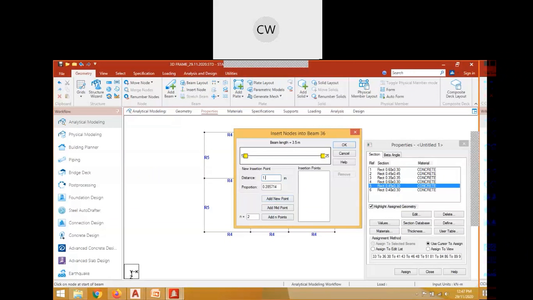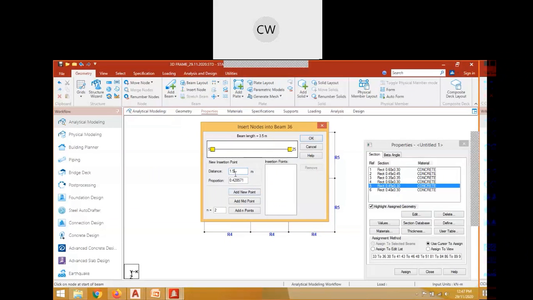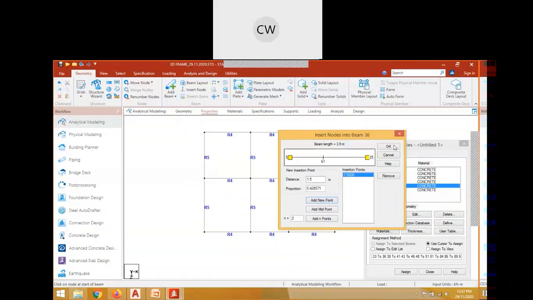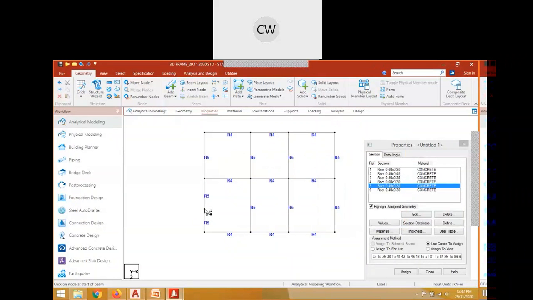Remember, this is from one of the ends, so I will just randomly keep it as 1.5 meter. I don't know from where it will take, maybe from this node or maybe from that node, but anyway we'll keep 1.5 meter here, and then say add a new point. So this new point is created, you can see here, and say okay.